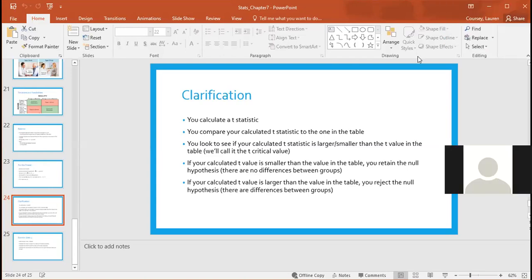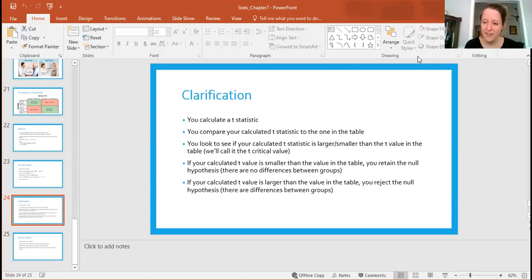And what if it's the same number? Would that never happen? I mean, it could, theoretically. Let me look real quick at the table again. Okay. Level of significance, corresponding to various levels of probability.